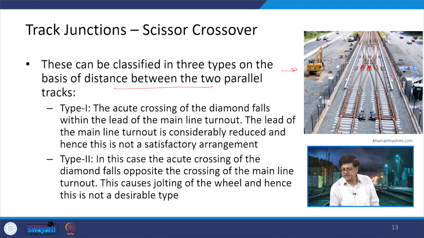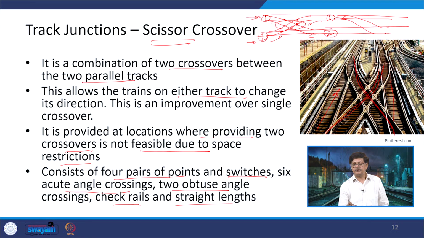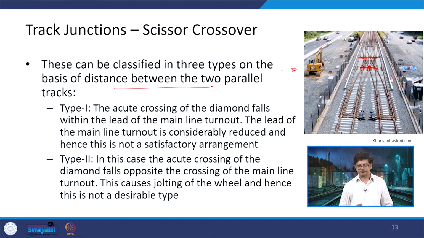So, they are more or less at the same location. In some other cases it may happen that it is at a different location. So, on the basis of the length, this and this will get separated out.